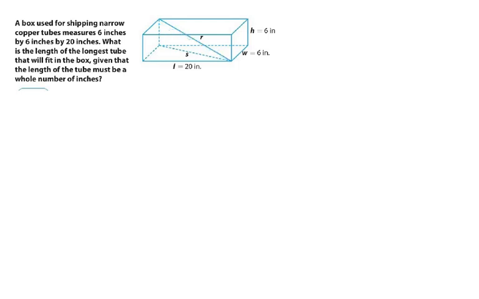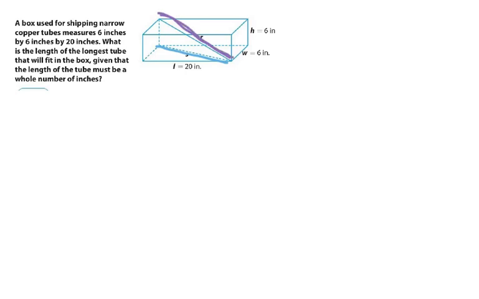So maybe it's clear what the best way would be to put the longest tube in, but really the question is, would S be the right way to do it, where it lays flat in the box and goes from one bottom corner to the diagonal bottom corner? Or would it be better to put it in like R, from the top back corner to the bottom front corner?